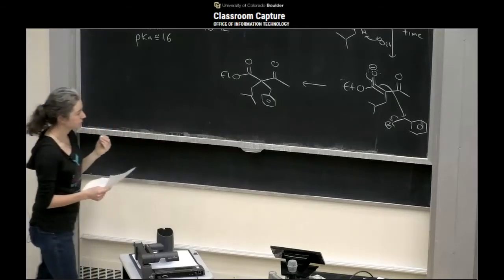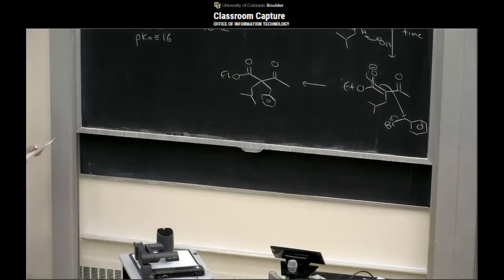Okay. So that's pretty in line with what we've seen other stuff doing in this chapter. We're just attacking something that's a little bit less complicated than when we went after a carbonyl.